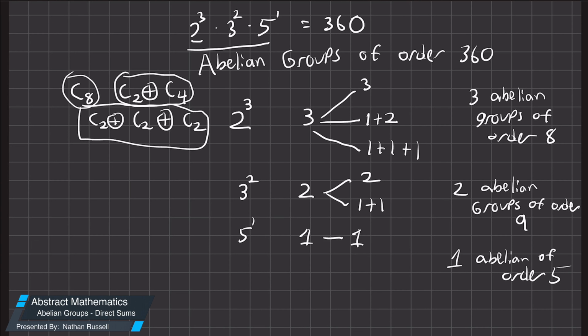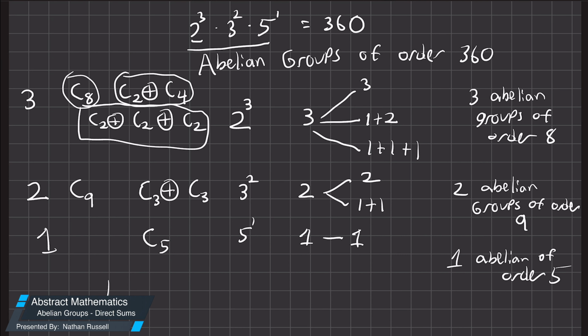Here, let's go through and I'll jump to it. We have C9, which comes from the 3 squared, and then we have C3 direct sum C3. And then down here we just have C5. So notice that we have 3 here, we have 2 here, and we have 1.